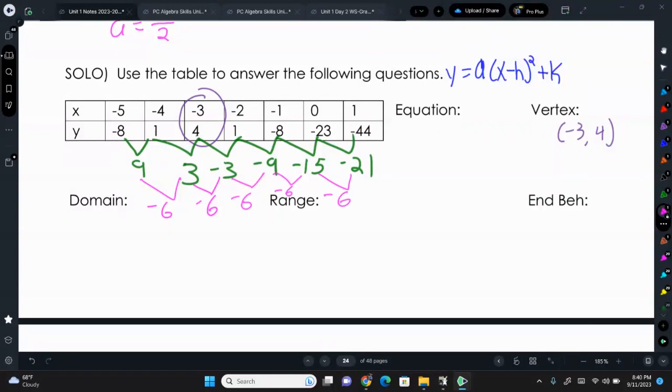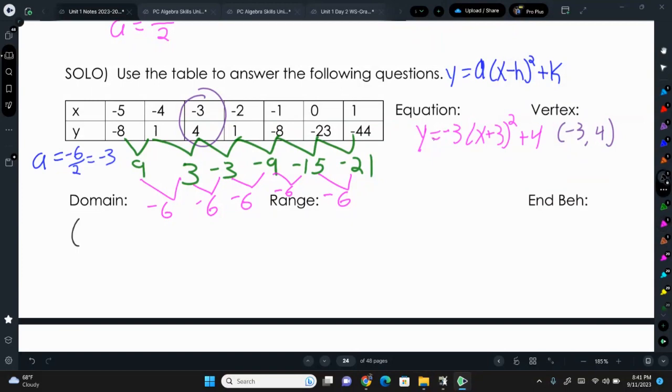So that means our a value, again, is half of that: negative 6 over 2, which is negative 3. This makes our a value negative 3, so then x minus negative 3, so plus 3, squared, plus 4. That is our equation in vertex form.